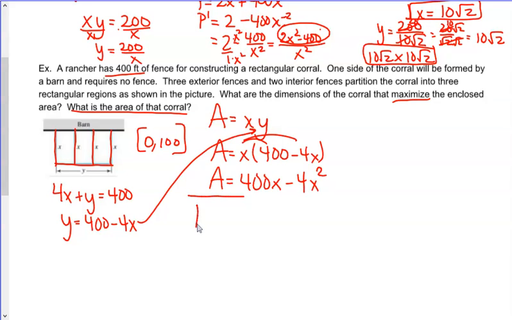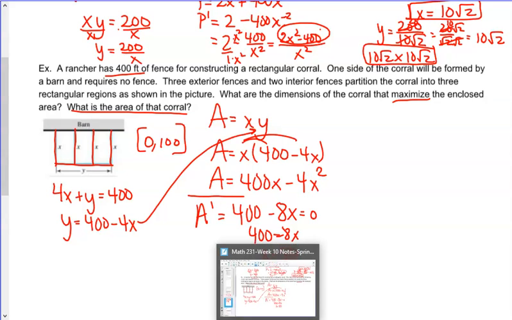So now let's take our derivative to maximize this area function. When I do that, I'm going to get 400 minus 8x. And in order to determine where the max occurs, I'm going to have to set this equal to 0 to find a critical point. So I get 400 equals 8x when I add over the 8x. And when I divide by 8, I end up with x equaling 50.